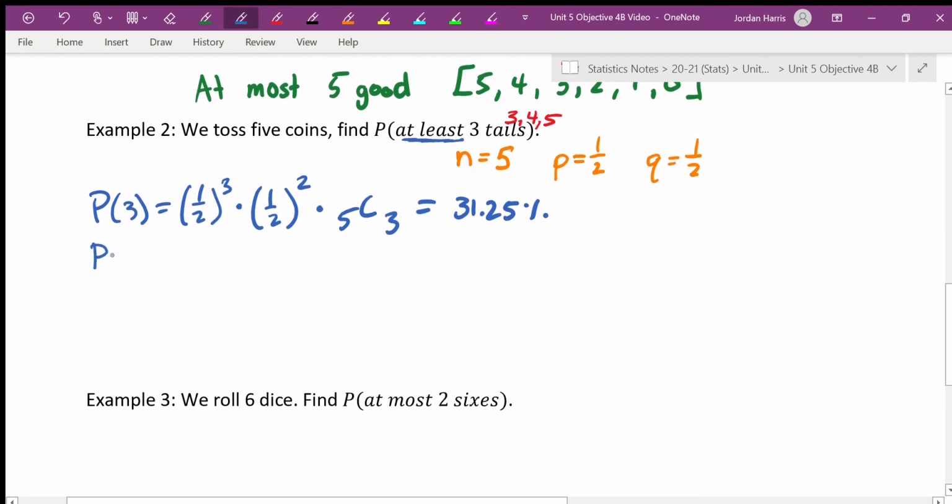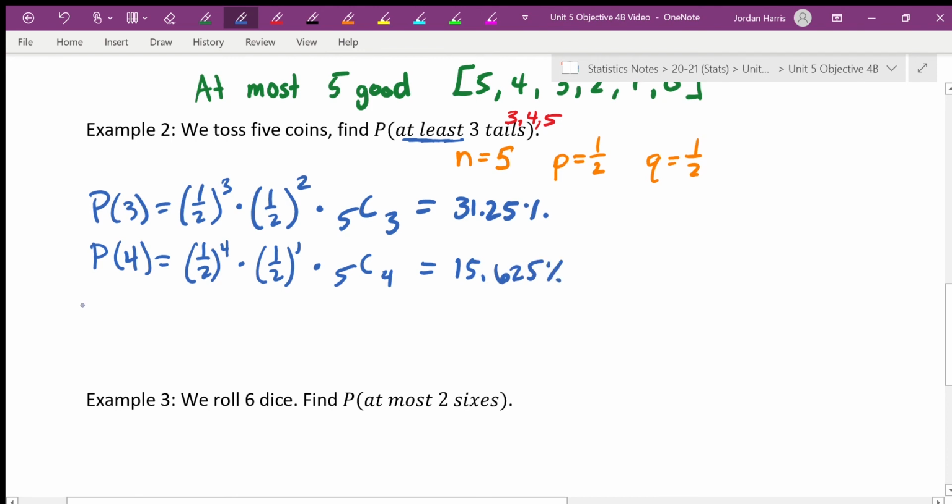Okay? Then we have to find 4. It's 1/2 to the 4th times 1/2 to the n minus x, so it's 1 times 5C4. So that's 15.625%. And then finally we get to the 5th. 1/2 to the 5th times 1/2 to the 0.